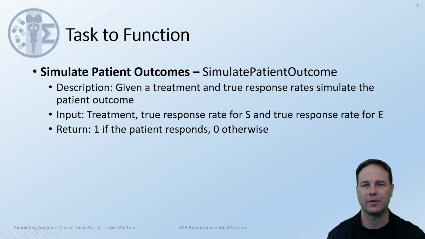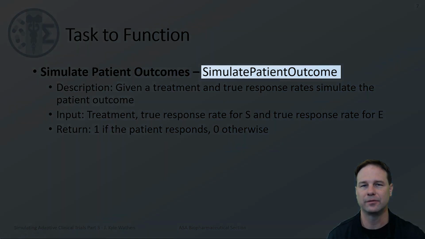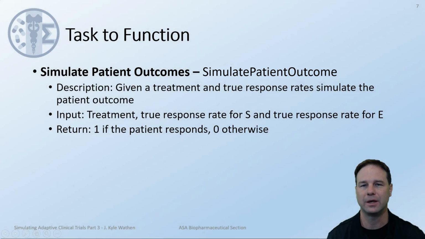We need to be able to simulate patient outcomes, so we'll name this function SimulatePatientOutcome. Again, using camel case, where we make the first letter of each word in the name capital, all others in lowercase. The main reason I don't use dots or underscores in between the names is because that's just extra characters to type and makes the names even longer. What we want this function to do is to be given a treatment and true response rate, and we're going to simulate the patient outcome.